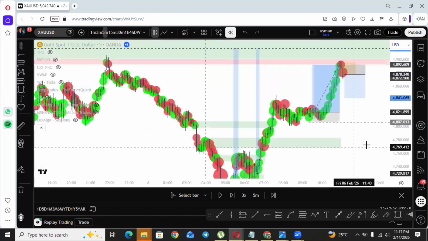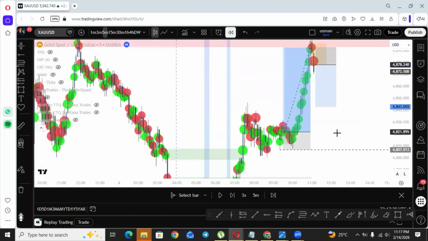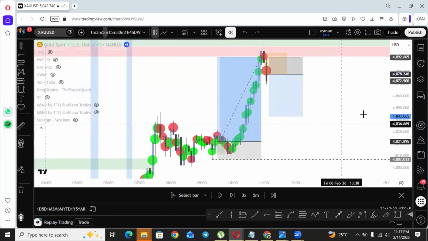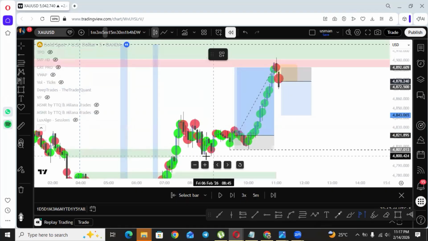Where can I expect the market to go buy again? So let me show you how I will mark the area. I will not mark the order block or the fair value gap.